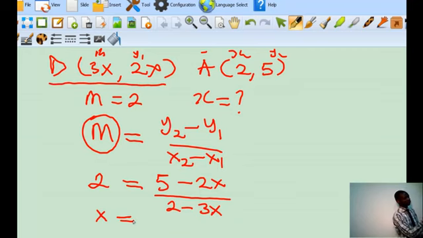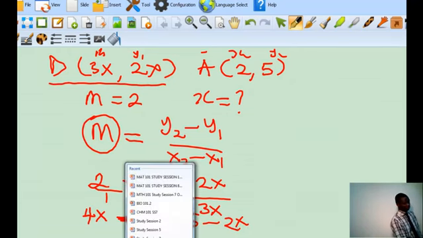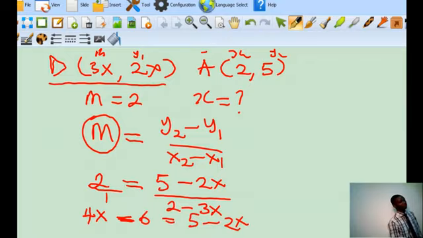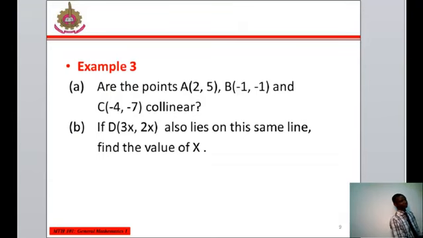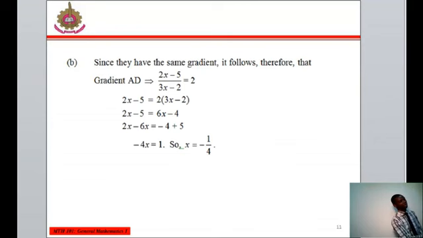If you do cross multiplication, you obtain 4x minus 6 is equal to 5 minus 2x. So from this expression, you can obtain the value for x. Let's continue. And that was how we were able to get minus 1 over 4 for the value of x.